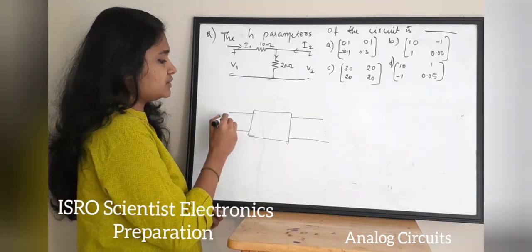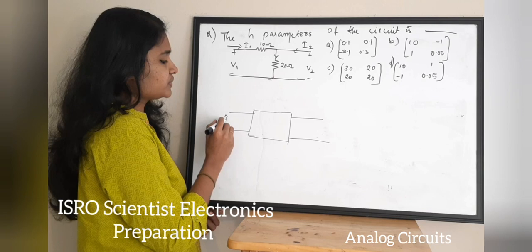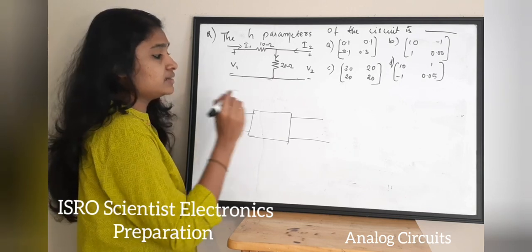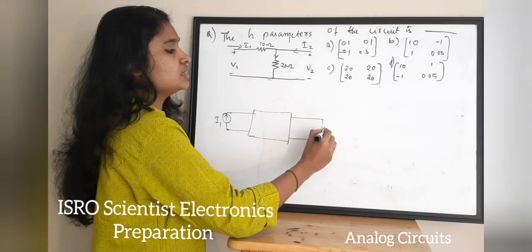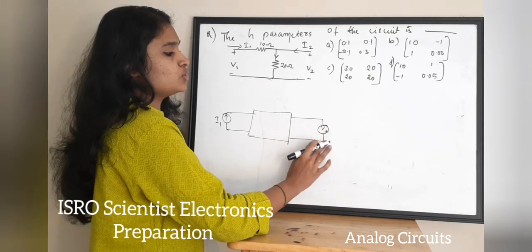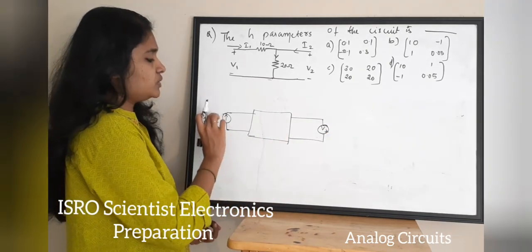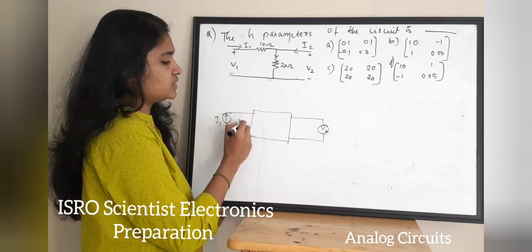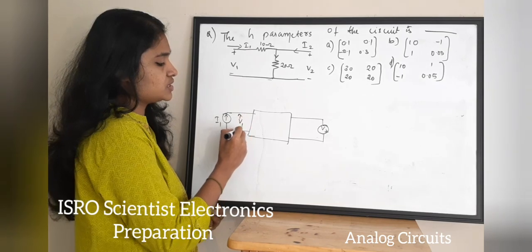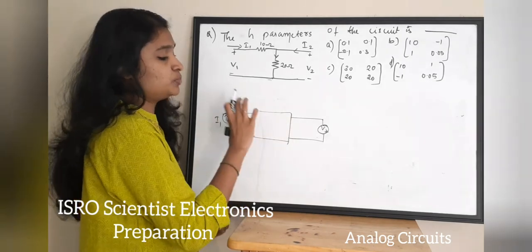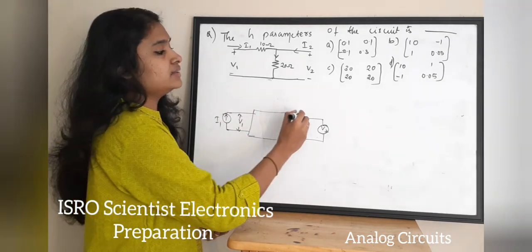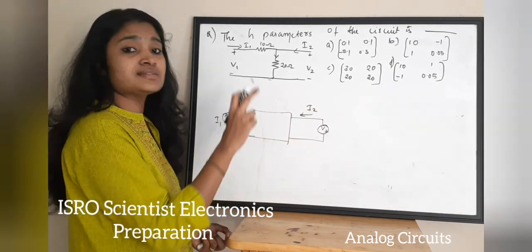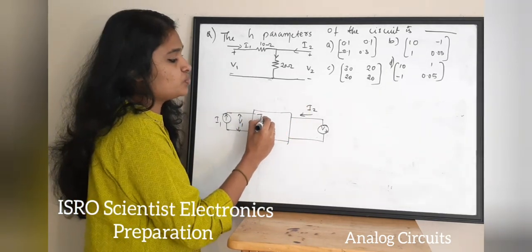The current in the input is I1, and the voltage at the output is V2. The voltage across the input port is V1, and the current in the output port is I2. So this is a two-port network.